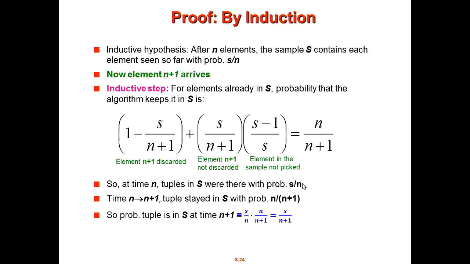This probability is S over n. So we do a multiplication. This is the probability of each element seen so far being picked up in S. So that's our final conclusion.